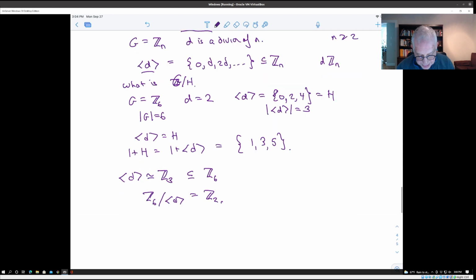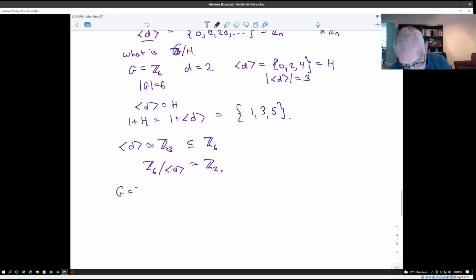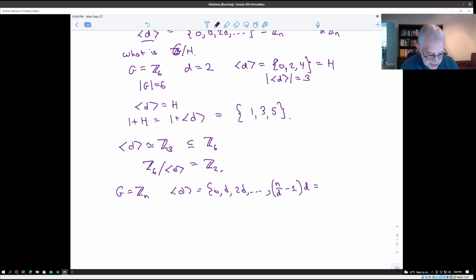So more generally, if we have G, which is Zn, and D, which is 0, D, 2D, and so forth, up to n over D minus 1 times D, which is n minus D. And then the next one would be nD, which takes me back to the beginning, 0.